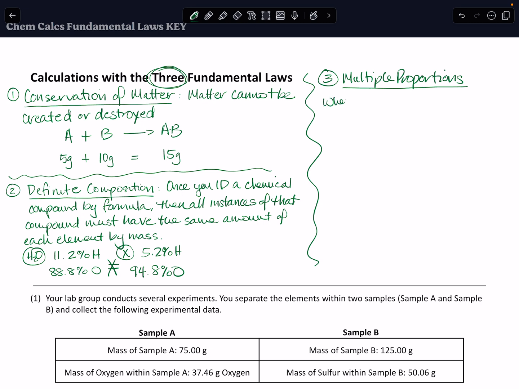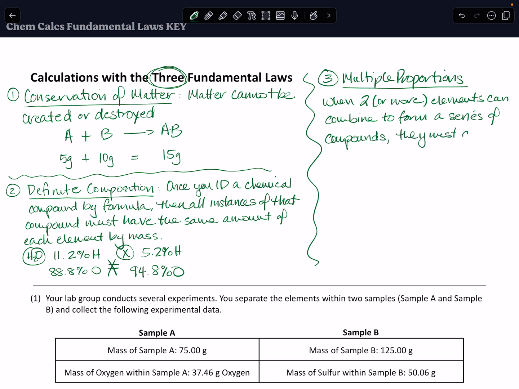So basically, when two or more elements can combine to form a series of compounds, they must do so in whole number ratios. This makes a lot of sense.